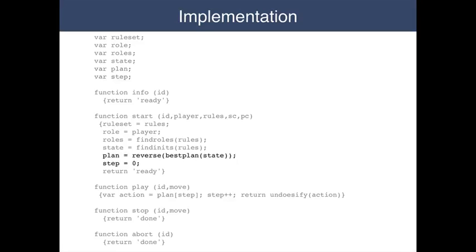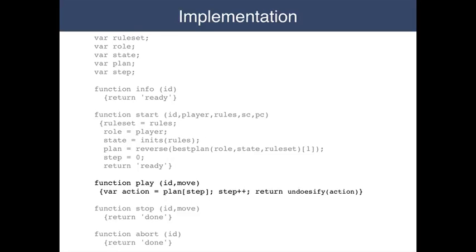It has to reverse the plan, as we'll see, since bestplan builds the plan backward. The plan is then stored in the plan variable, and the step counter is initialized to 0. Finally, the play handler in each step simply reads off the action corresponding to that step, updates the step counter, and returns the action for that step.